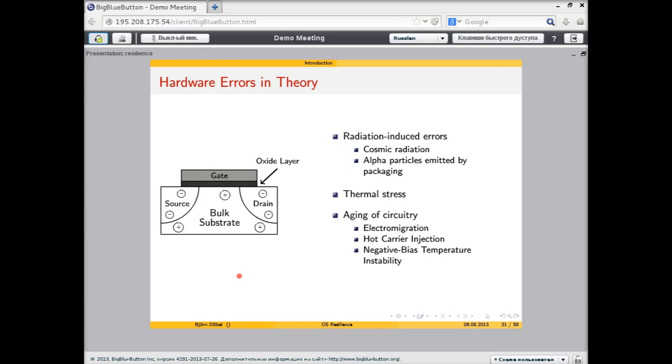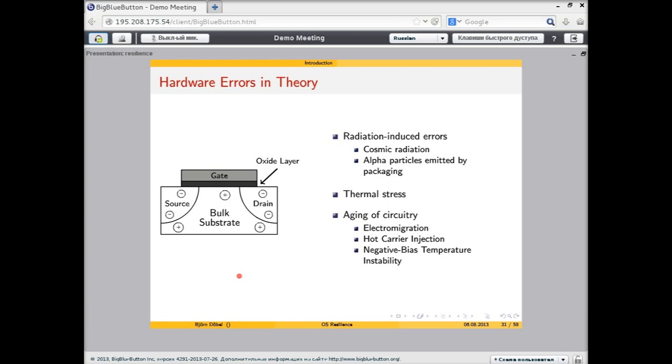Another source of errors comes from aging and thermal stress. Thermal stress means when you switch your transistor on and off and on and off all the time, then of course you're inducing a certain temperature and things may go wrong from that. And the other sources in terms of aging happen that, for instance, the connectors between your transistors are made of metal.